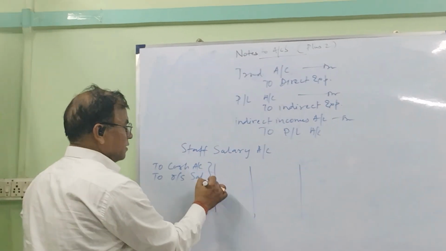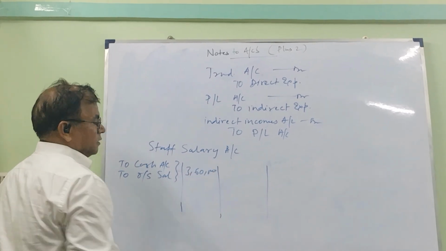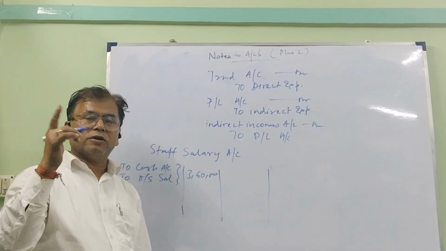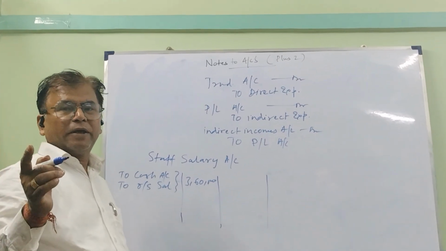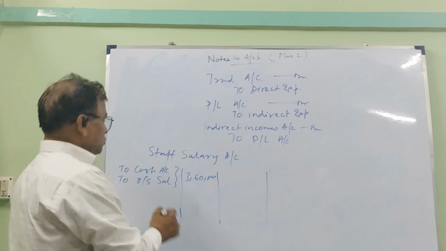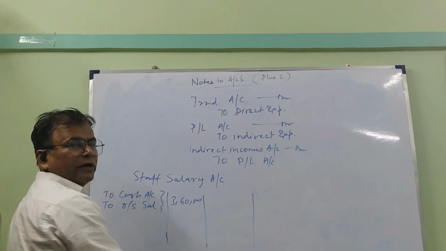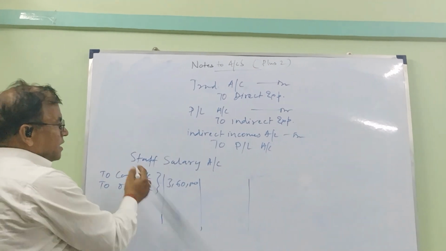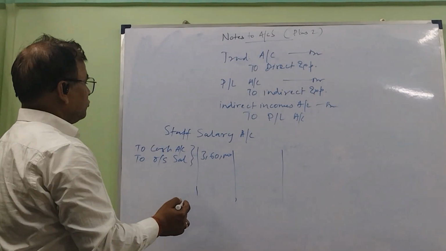Imagine we have paid around 3,60,000 as salaries in the entire year. Now this account remains to be closed only on 31st March, when we are preparing final accounts. This is an indirect expense, so PL to indirect expenses, which means that staff salary will be closed by the PL account.